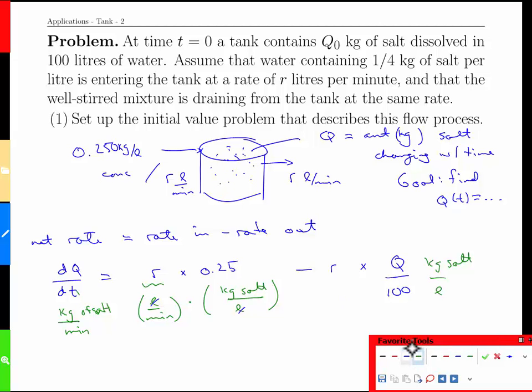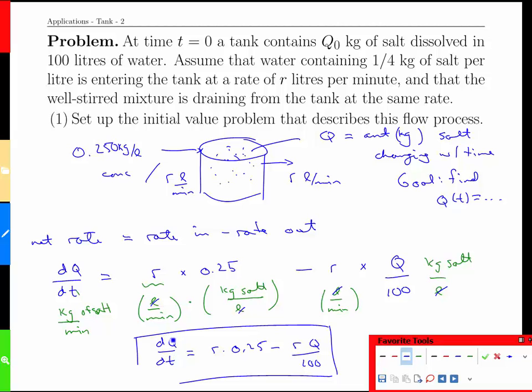And once again, the units of R are liters per minute. We multiply that by kilograms and by liters, we cancel and cancel, and this becomes our differential equation. dQ/dt is R times 0.25 minus RQ over 100.